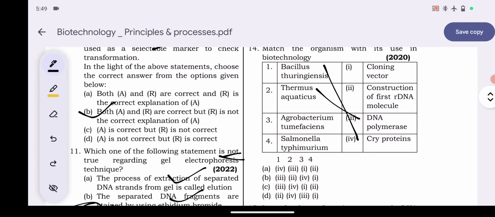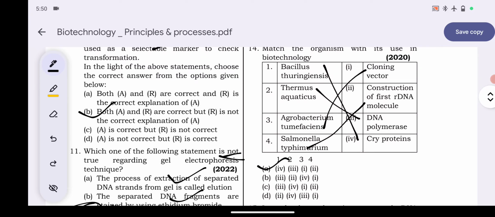Agrobacterium tumefaciens is used as a cloning vector, and Salmonella typhimurium is used in the construction of the first rDNA molecule. According to this, 4, 3, 1 and 2, option number A is your answer.